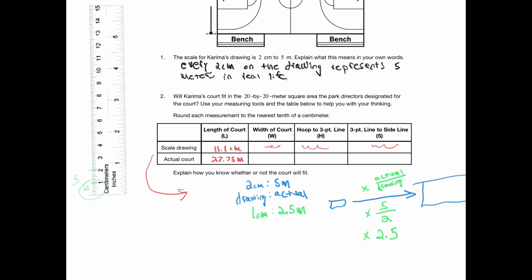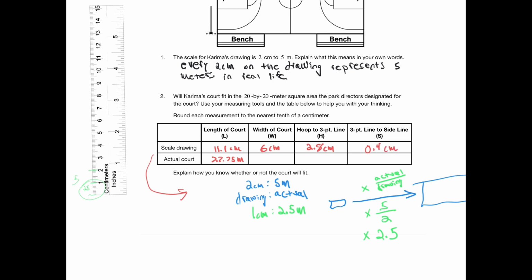So what you should have gotten is that the width of the court was 6 centimeters, and the hoop to the 3-point line is 2.8 centimeters, and the 3-point line to the sideline was 0.4 centimeters.